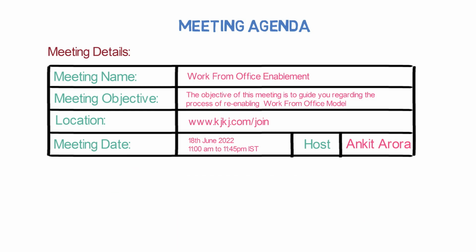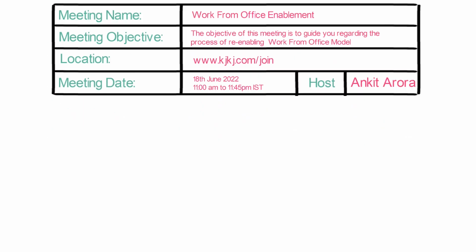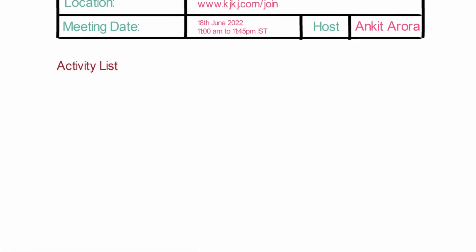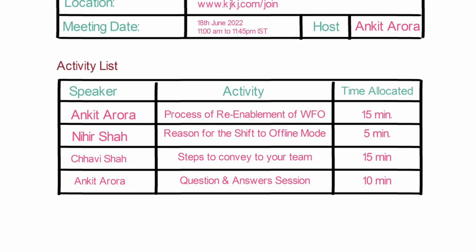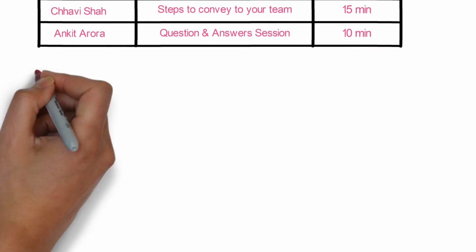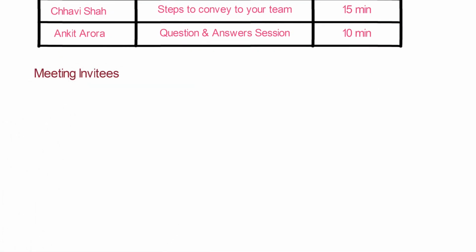Notice, I have filled all the 5 details. Next comes the list of activities. And here is the list of activities that I have prepared for all the speakers along with the timeline. Next comes the list of invitees.